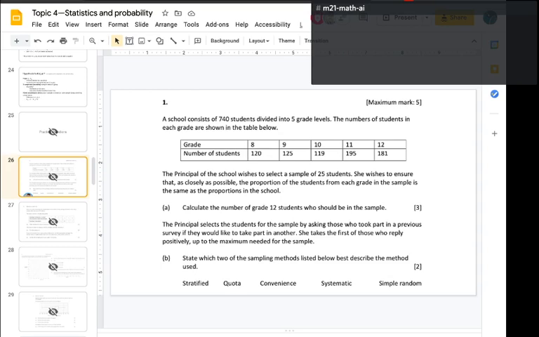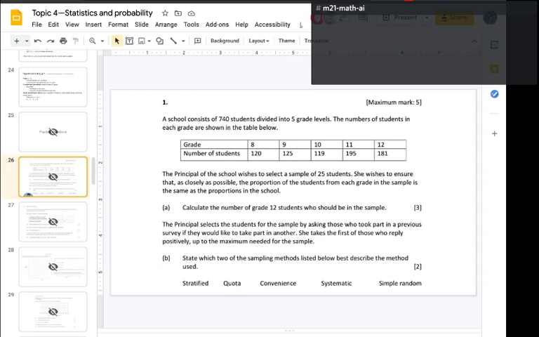Sampling method, it would be quota. We're supposed to look at, if you read the question closely, it says the proportion of the students from each grade in a sample is the same as the proportions in the school.